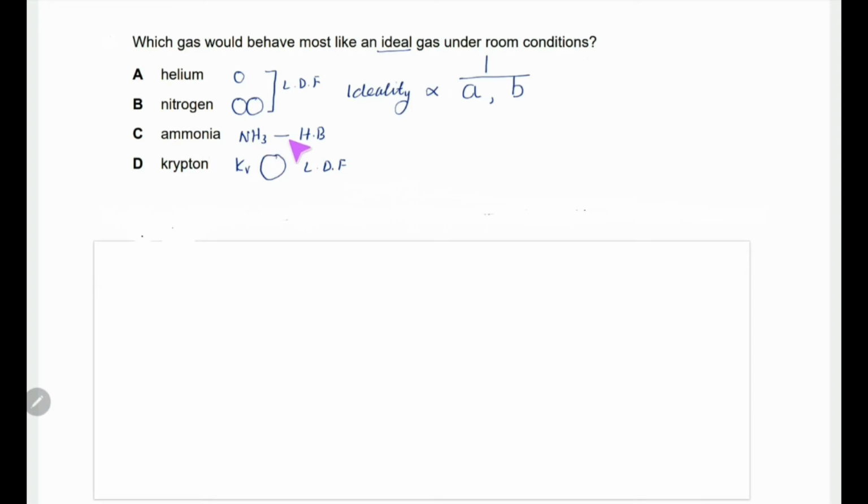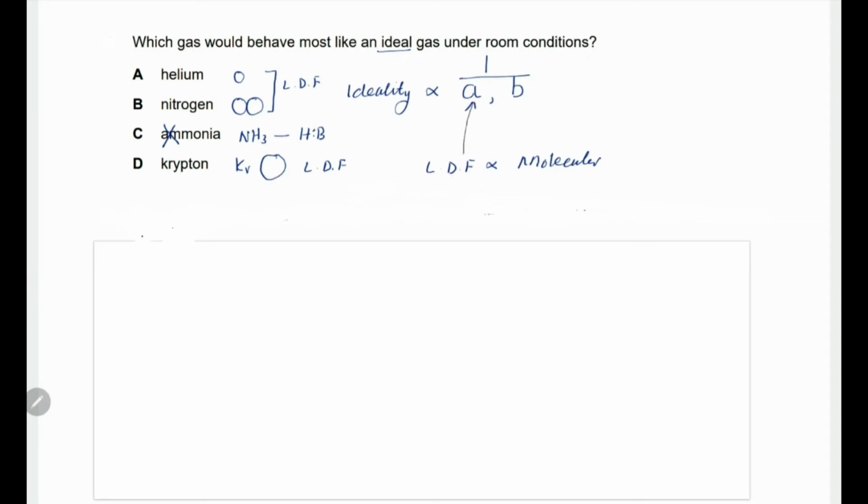This means that ammonia has hydrogen bonding, which is a strong attractive force compared to London dispersion forces. So ammonia is not the choice, meaning the most ideal gas in the given choices. Coming now to London dispersion forces. Remember, London dispersion forces are directly proportional to molecular size. If the molecular size is greater, London dispersion forces are stronger.